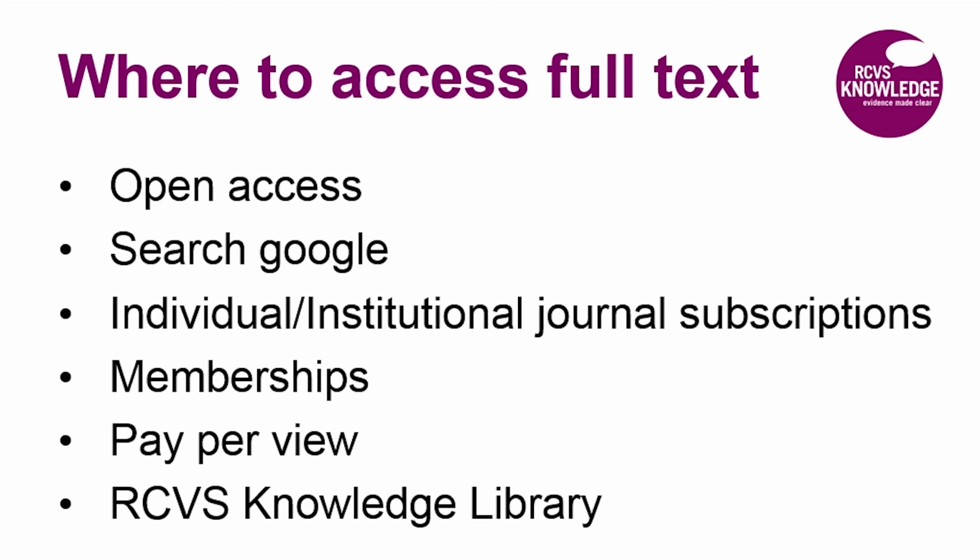And as I think it was Marnie or somebody said, if you've got an article title, this is a good time to use Google. Take your entire article title and stick it in Google, because if there is a full text available anywhere, Google will find it for you if you just copy and paste the title in there. As they said, the people in the States often make them available in institutional repositories, etc.